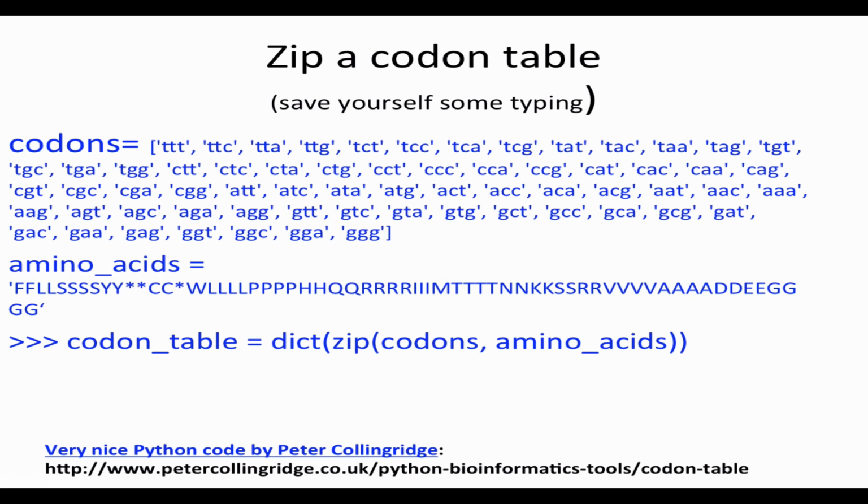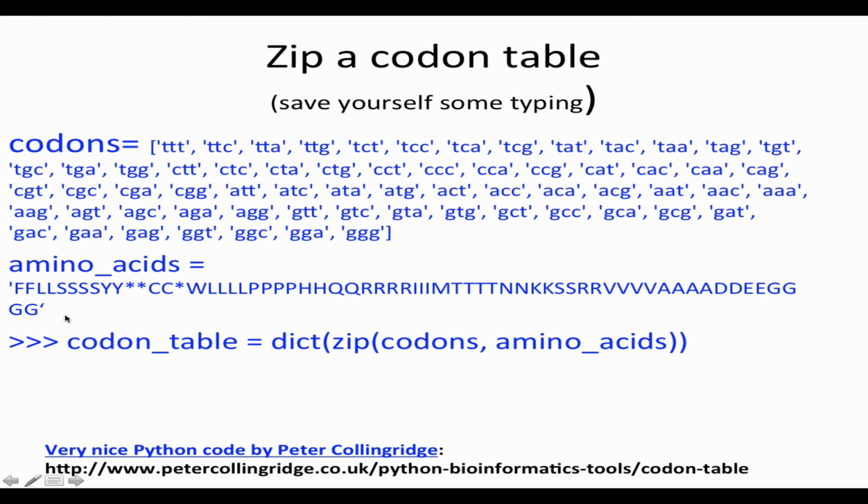I found this online. I didn't figure this out myself. Here's a very nice, efficient little piece of Python code that creates for you a dictionary of codons as keys and amino acids as values. So 2 statements. Codons is this list.